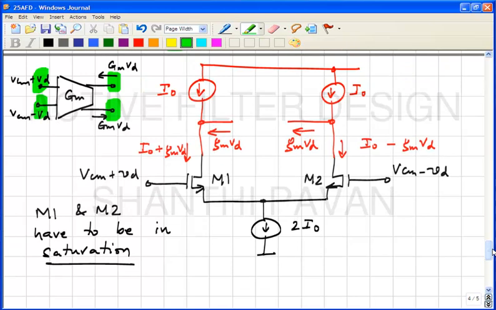Okay. So I mean, it's not possible to have both, connect this to both a voltage source and a current source, isn't it? You want that current coming out. So the earlier picture of putting a voltage source here is no longer true. So now the onus is on us to make sure that the two transistors are indeed in saturation.